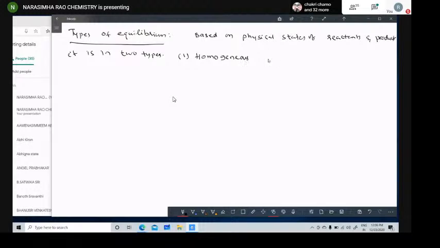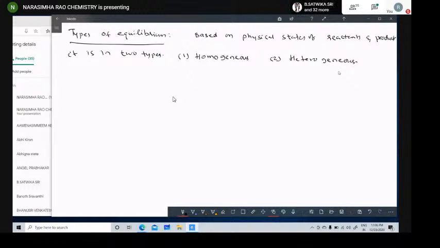Second one is heterogeneous. What is homogeneous and what is heterogeneous?